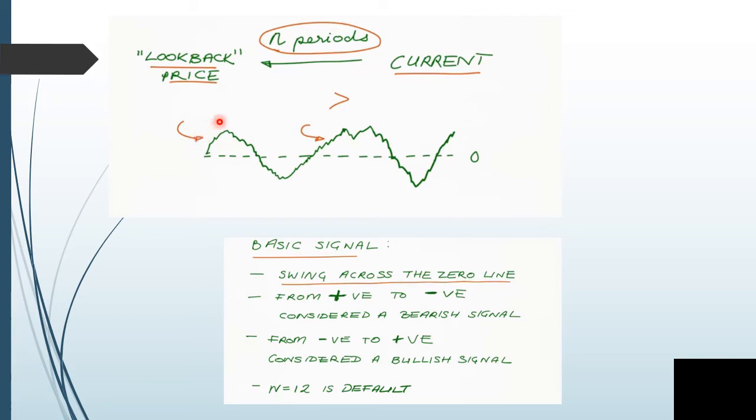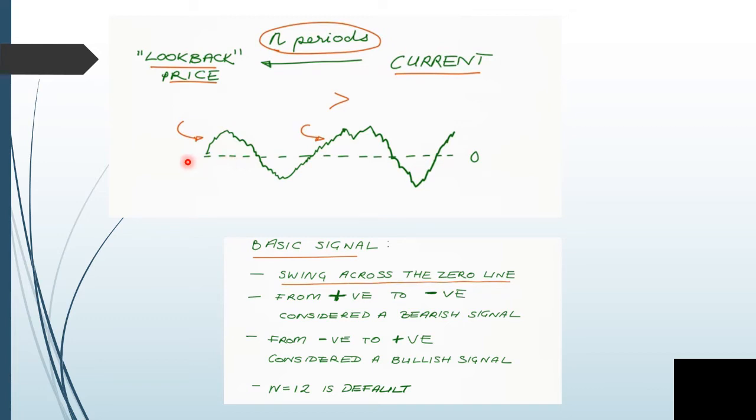So this line, the value, is above the zero line. Why? Because it is positive. If it sits below, it is negative. So what if the current price is lower than the look back price? The percentage could be below the zero line.